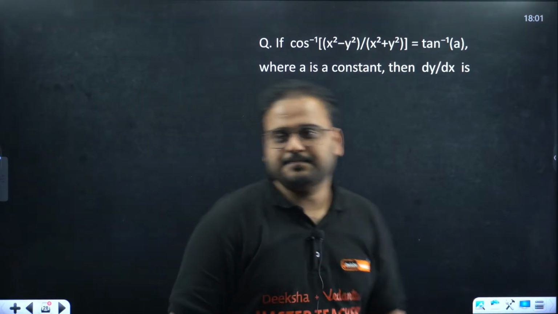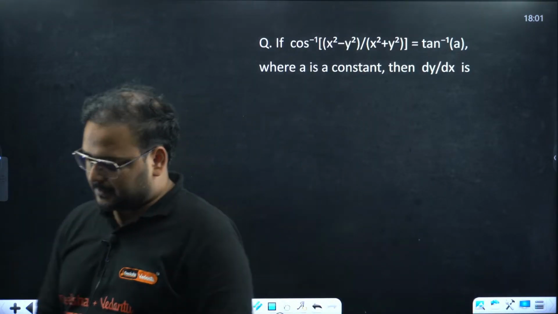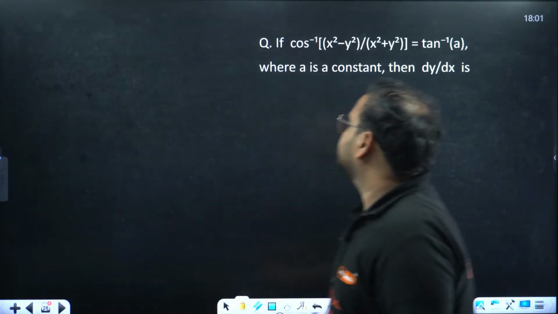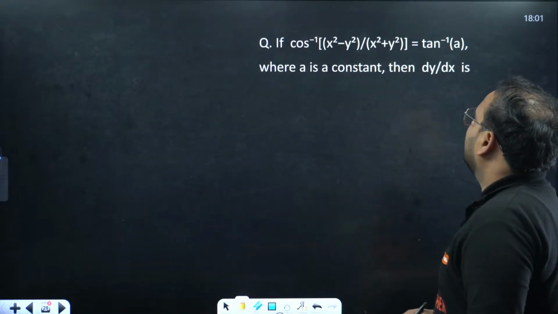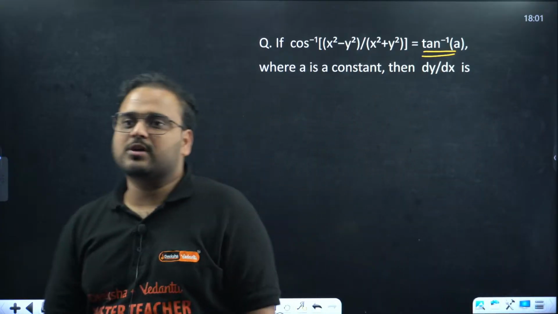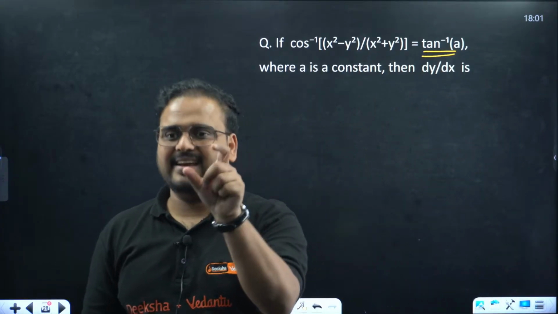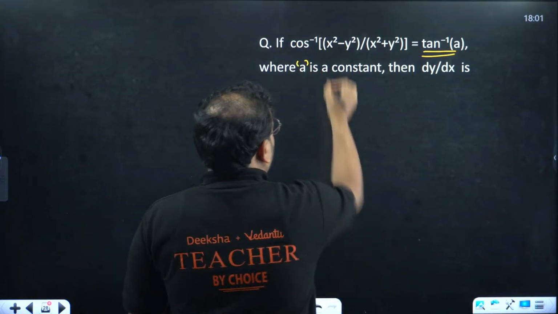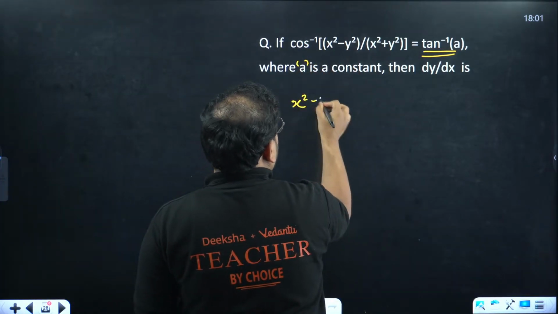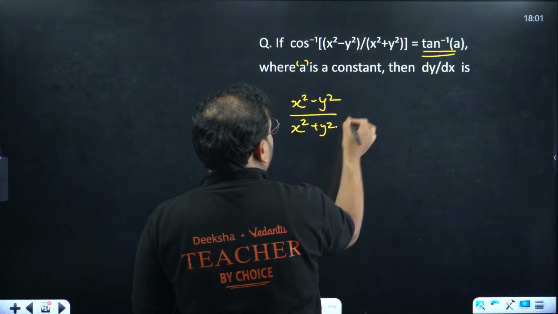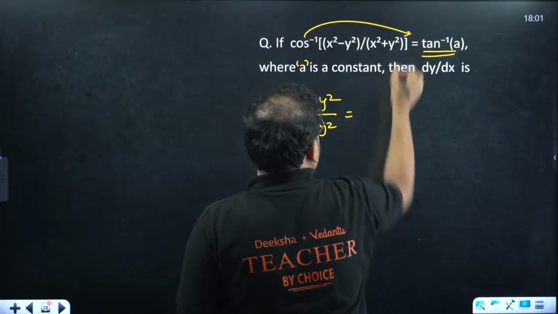What about this problem? So this is a constant. Can you see that? That is a constant. Tan inverse of a constant A is a constant, right? So can I write this as x square minus y square upon x square plus y square equals, move cos over there.